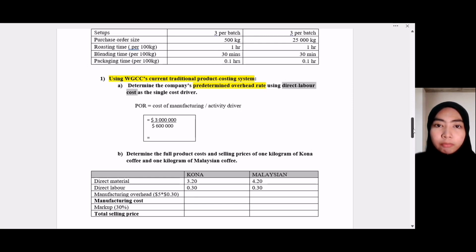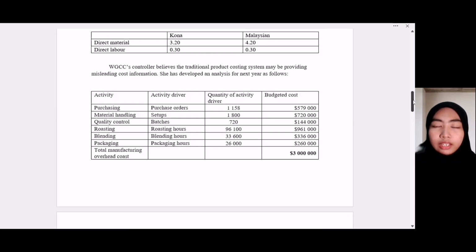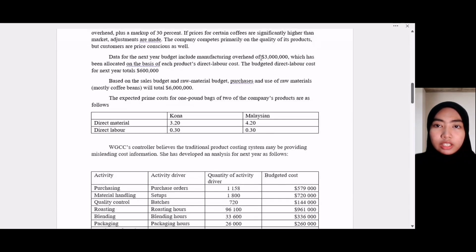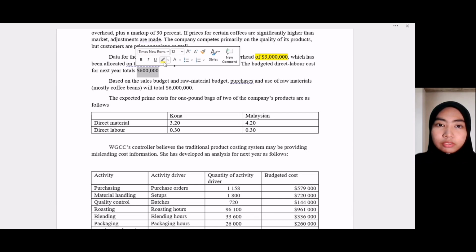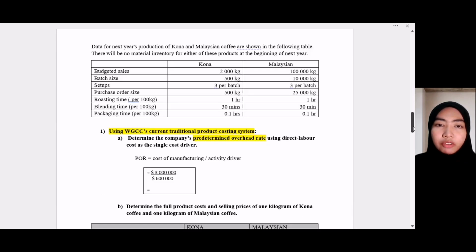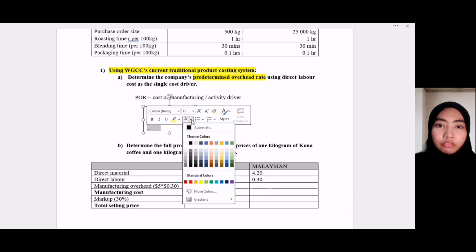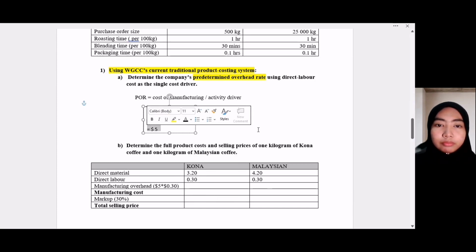The question mentions the manufacturing overhead is 3 million and the budgeted direct labor cost is $600,000. So we just divide the manufacturing overhead over the direct labor cost, and we get the answer, $5.